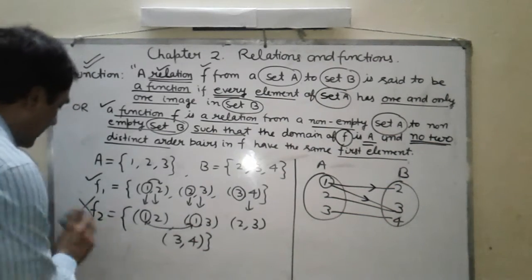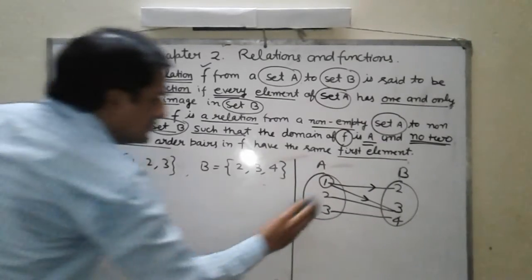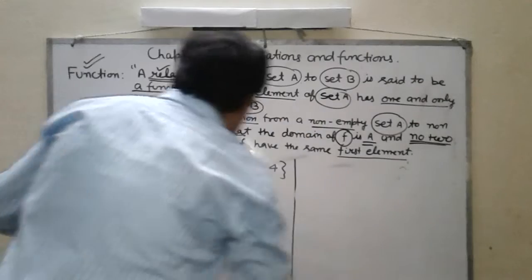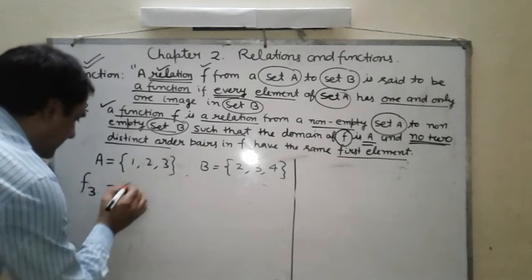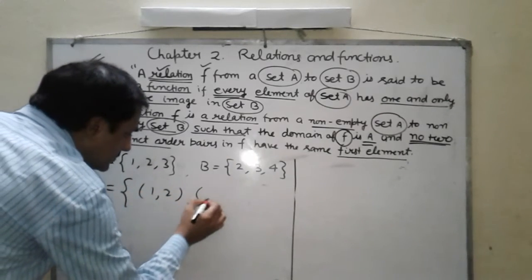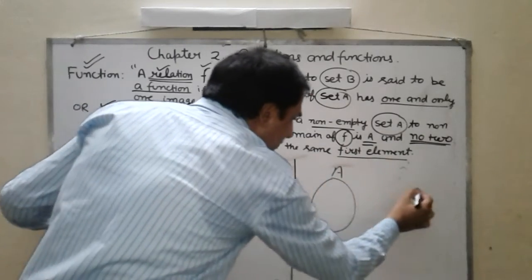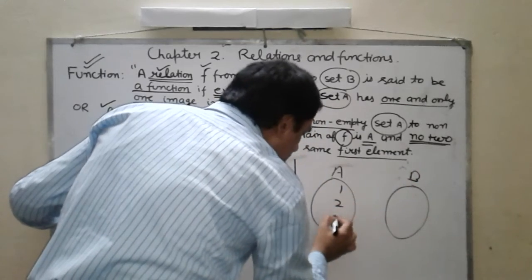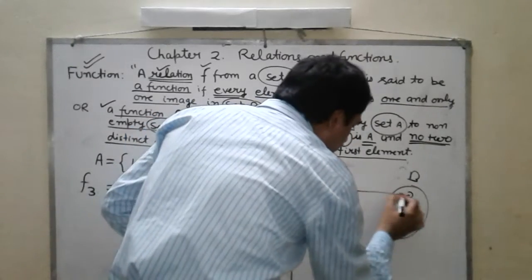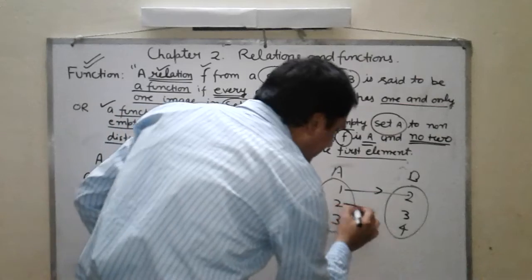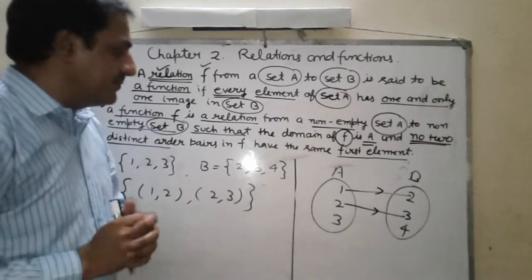Now I am taking another example, F3. F3 is a subset of A cross B: (1, 2), (2, 3). Now I am going to represent this set with the help of an arrow diagram. The image of 1 is 2 and the image of 2 is 3. Children, can you tell me if this is an example of a function?